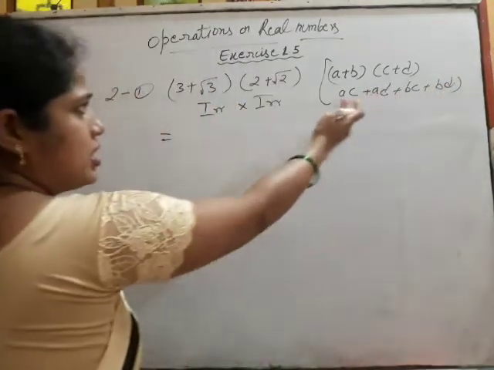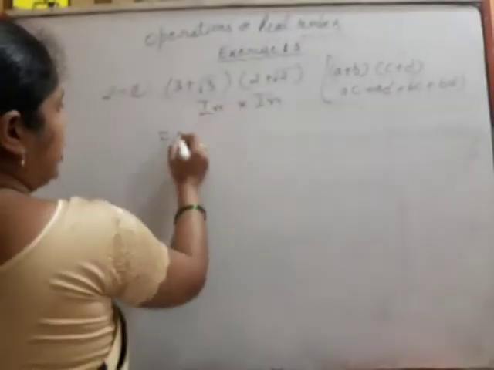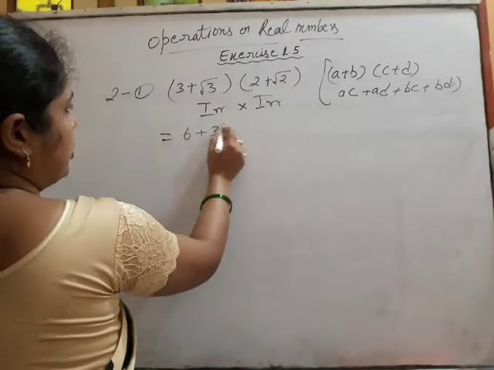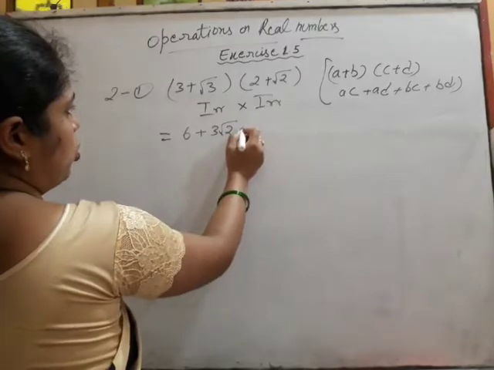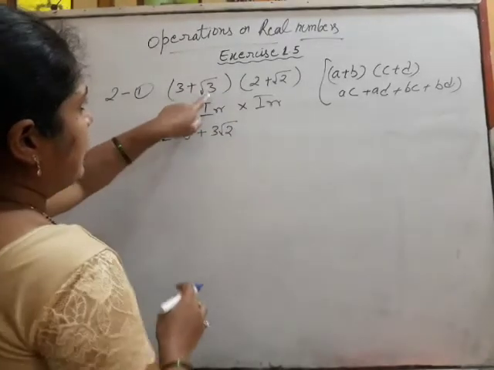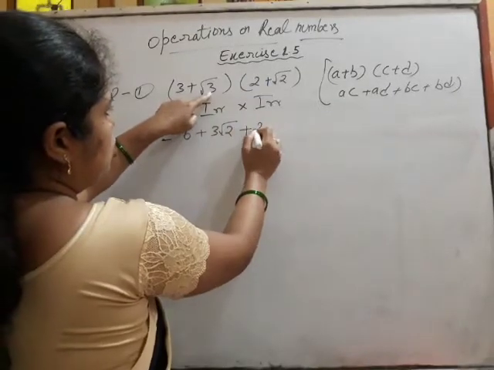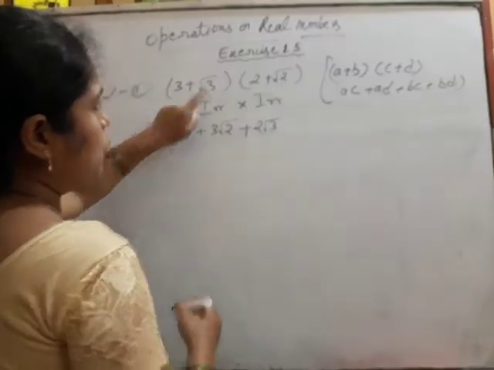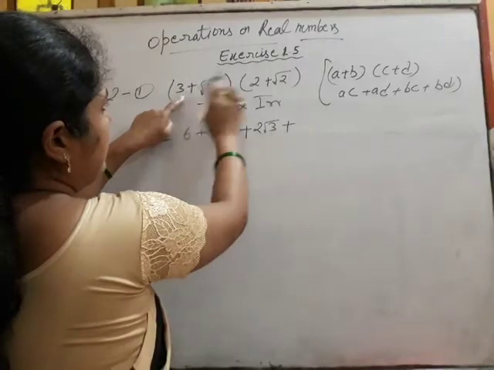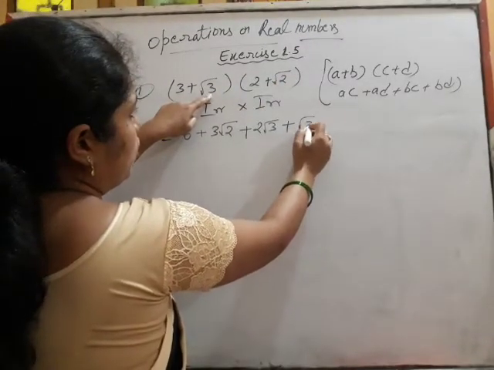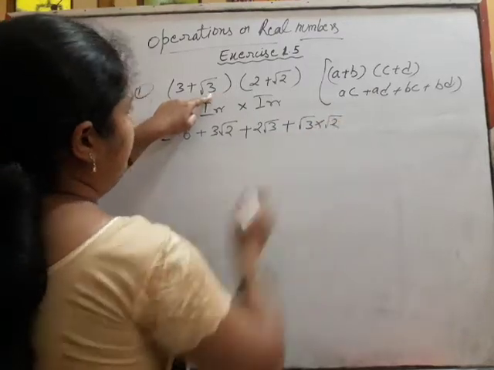So according to this rule, 3 into 2 is 6, then 3 into root 2, then 2 root 3, and here root 3 into root 2.